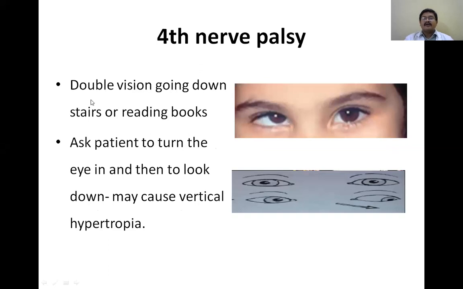In the fourth nerve palsy, there is double vision when you are looking down, or reading books. So ask the patient to turn the eye in and look down, which causes the vertical hypertropia. This is how the fourth nerve palsy looks like.